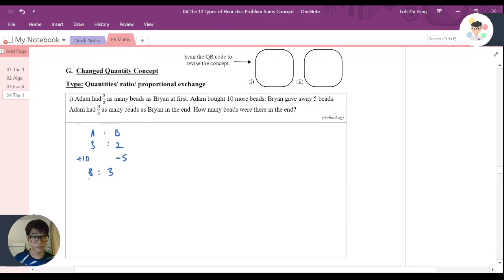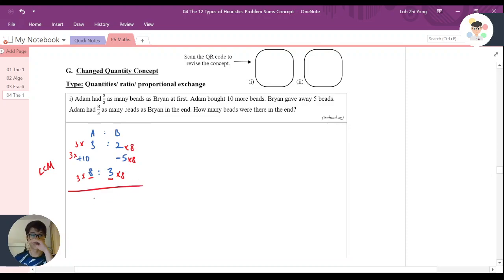That means we can make this and this the same, so that it will be easier for us to compare. So for example, I will times 3 here to make it 24, and I will times 8 here to become 24. So this is basically LCM. And of course, if you times 3 here, we need to times 3 here and here. If you times 8 here, we need to times 8 here and here.